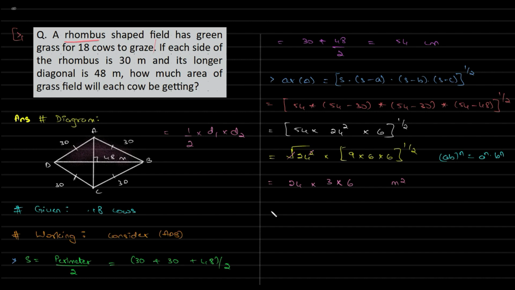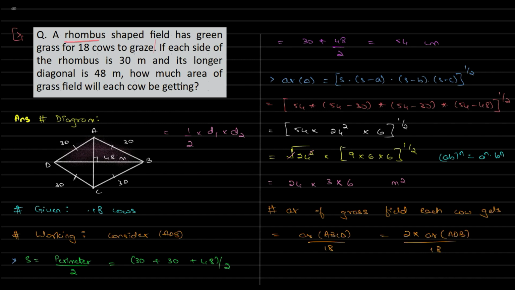And now we'll talk about the area of the grass field each cow gets. It is given by the area of ABCD divided by 18. But the area of ABCD is 2 times the area of ADB, divided by 18.